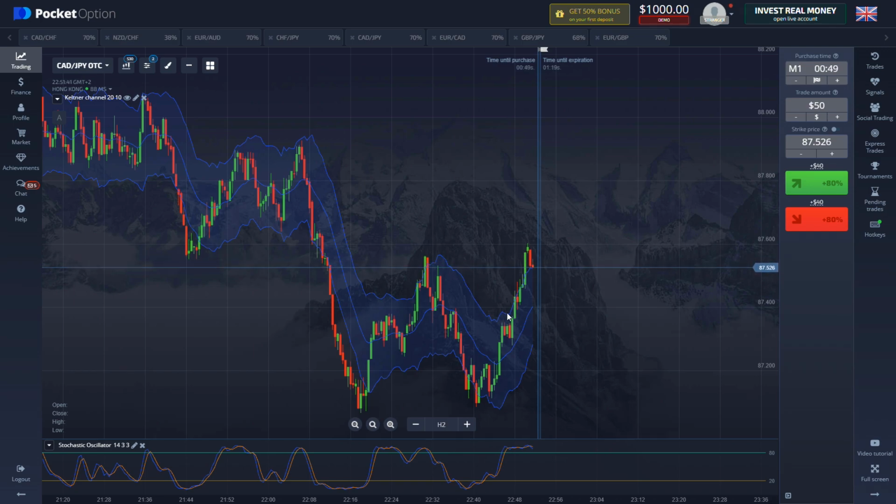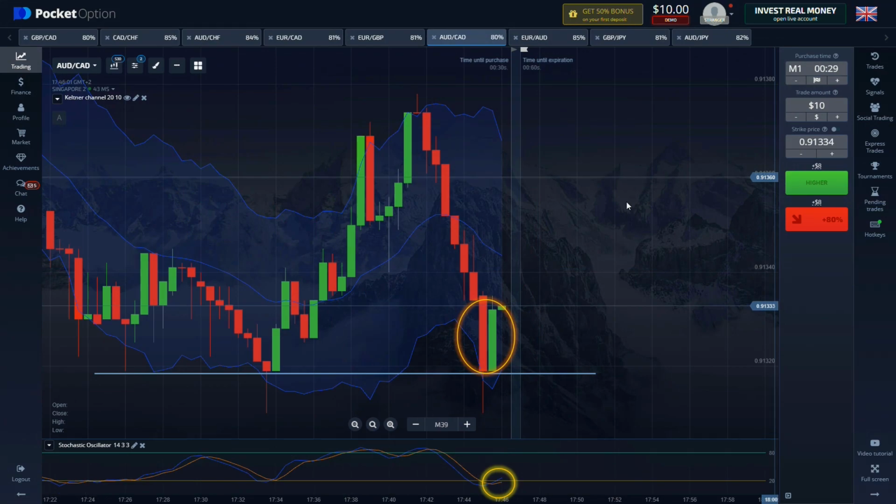So let's go. First let me explain the strategy. So you can see here I got this example. First, if we are going to call option, we need to confirm that our stochastic oscillator's blue line crosses the yellow line. That means if the blue line crosses the yellow line upward, it's going to be upward.